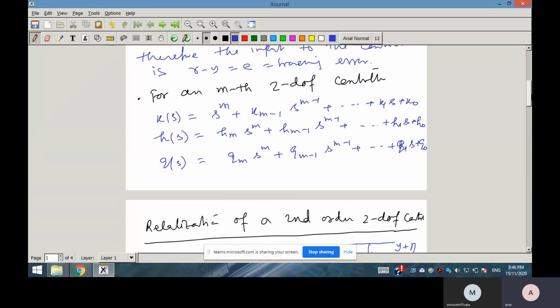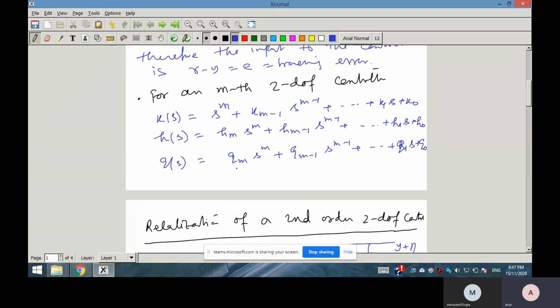So here QS, HS and KS I have chosen the same. Normally, the order of QS you can choose less than M, but not greater than M. If you choose greater than M, then it will be an improper controller.